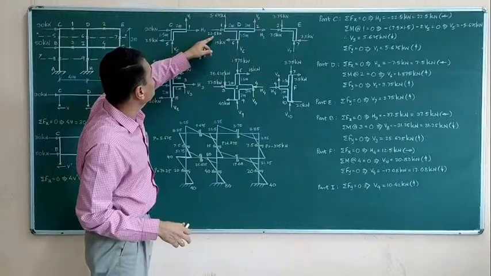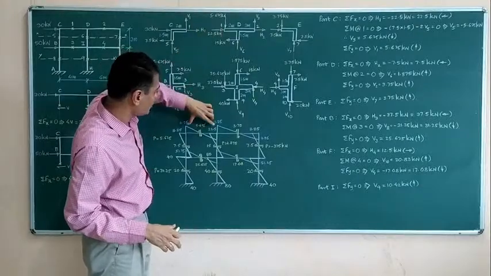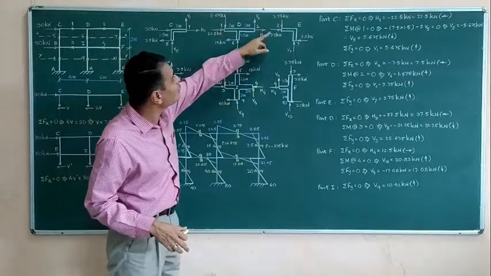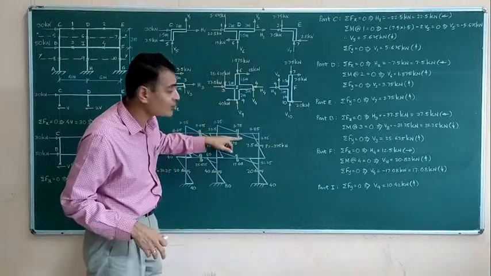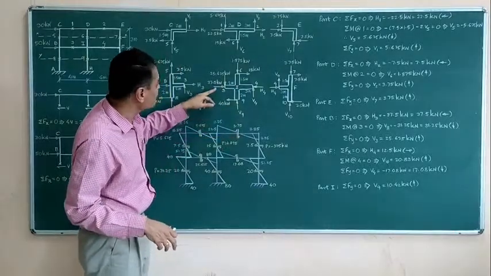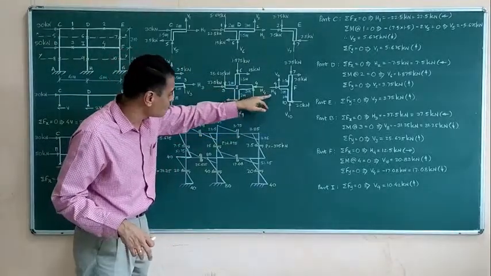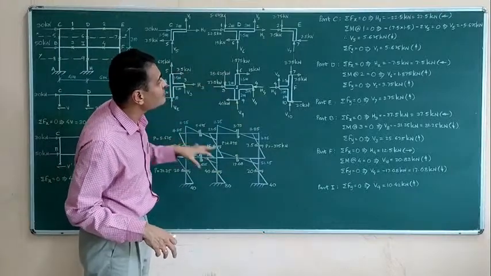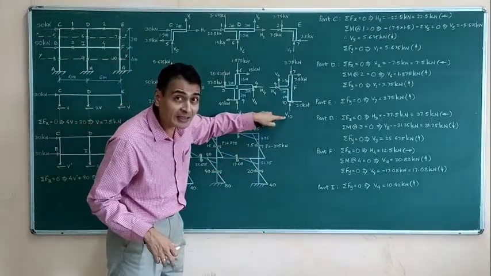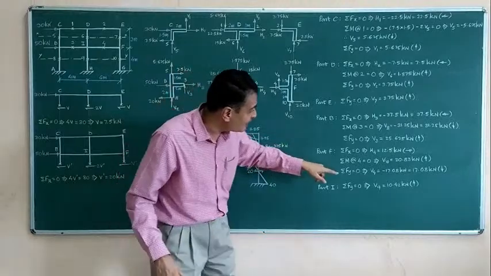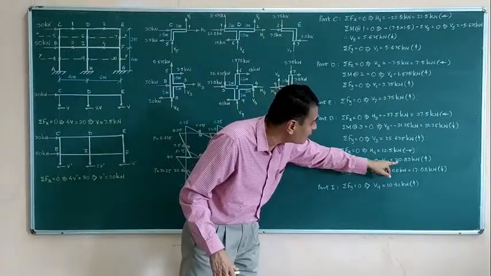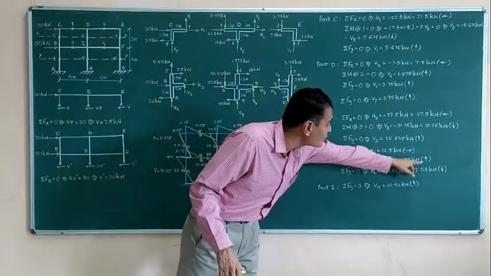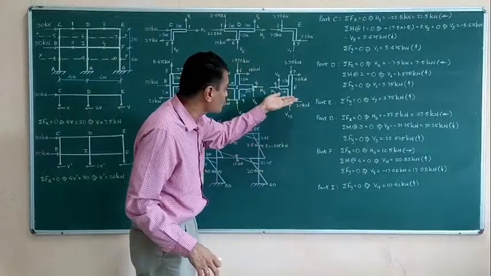Likewise, this force you are observing is a pushing force, so there will be compression here. This force is also a pushing force, so there will be compression here. This force is compressive. This force is compressive. You will be able to write for all beams and columns. V10, if you look at V10, we have calculated to be 20.83 kilonewtons upwards, means pushing.